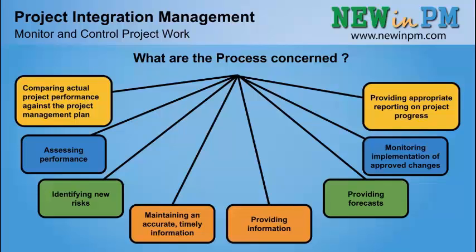Assessing performance, and identifying new risks, making sure the risks are identified, their status is reported, and appropriate risk response plans are executed. This is done to make sure that the risk is mitigated well during the project phase.